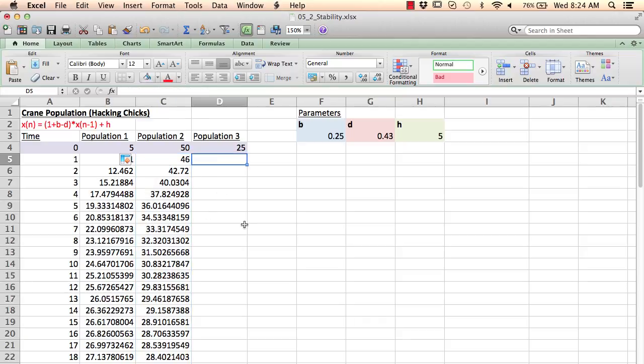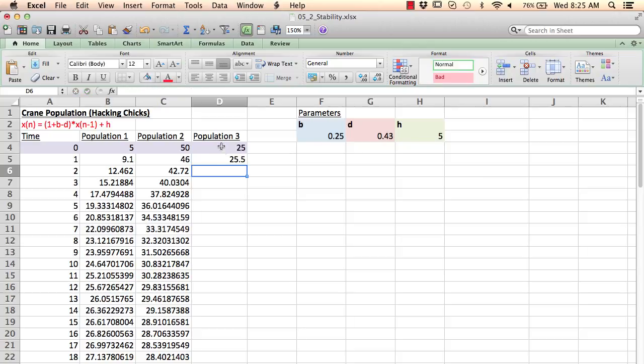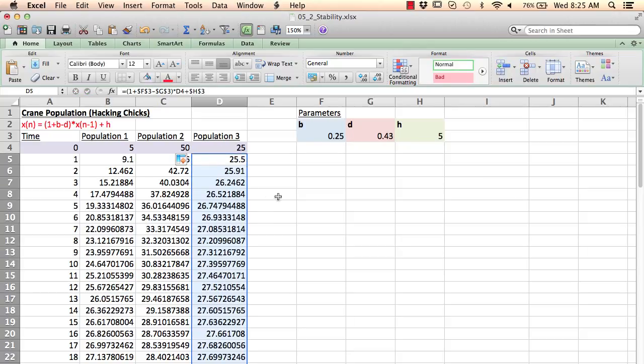Then I'm going to do the same thing over here really quick before I look at what happened to population 2. I'm leaving you guys in suspense, although I guess you can look yourselves. So $F$3 minus $G$3 times previous population plus $H$3. And then again, just double click to autofill.